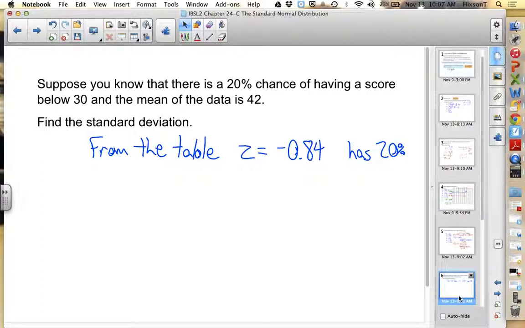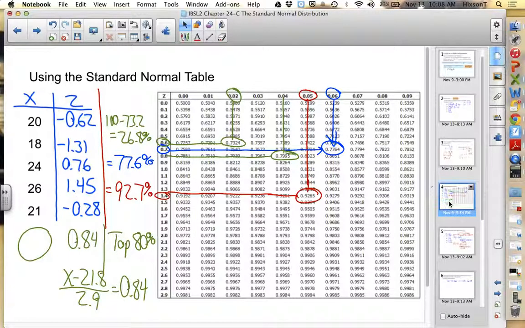This is a little bit of a preview of what we're doing tomorrow. Suppose you know there's a 20% chance of having a score below 30 and the mean of our data is 42. Find the standard deviation. So here we know the mean, we know the probability, we don't know the standard deviation of our original data. If we go back to our table, z equals a negative 0.84.